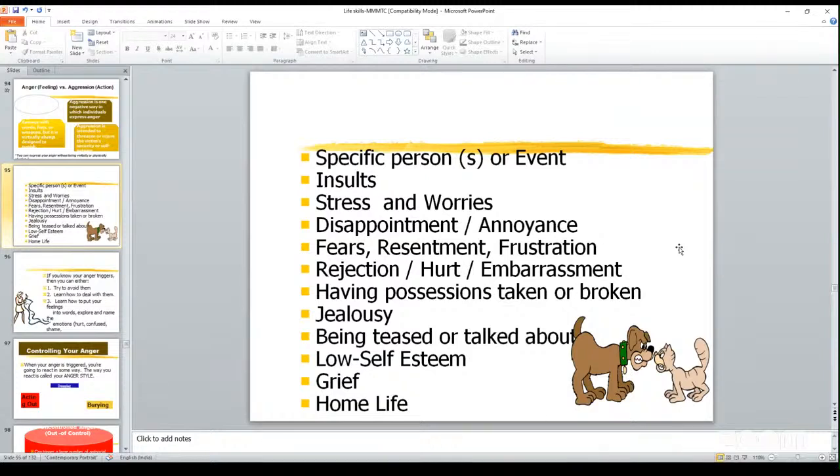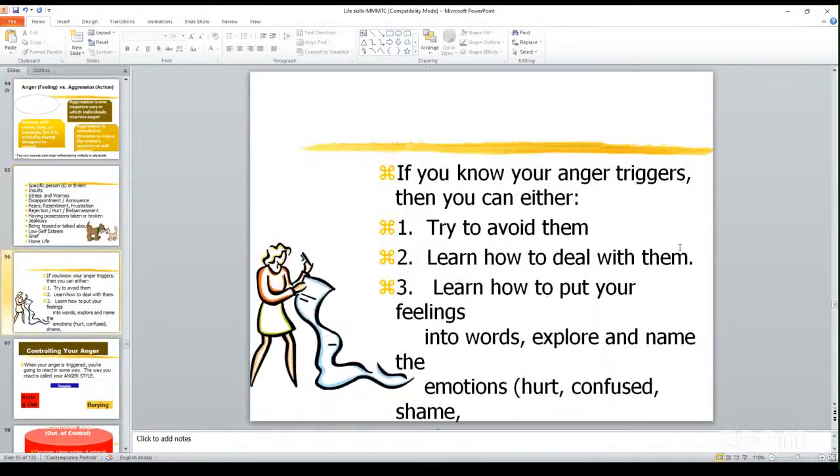Now, having all this, how can we avoid anger? One of the simple aspects is, if you know the anger triggers, you know that it's going to come, then you can try to avoid it. The best way to avoid anger is to avoid the place. If you know that something negative is going to happen, rather than staying at that place, better you move from that place.